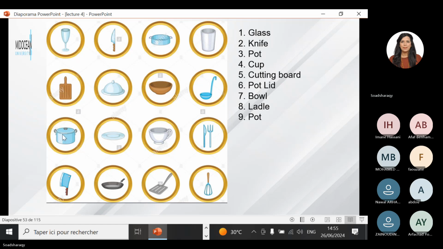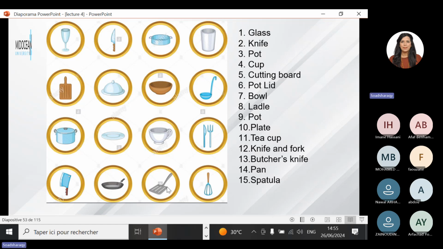Number 9, pot. Photo number 10, plate. 11, tea cup. This is a tea cup. Number 12, knife and fork. 13, butcher's knife. 14, pan. 15, spatula. And 16, whisk. Okay.